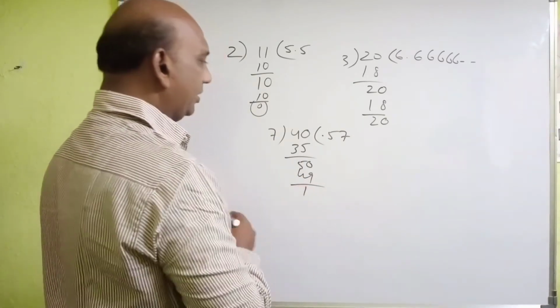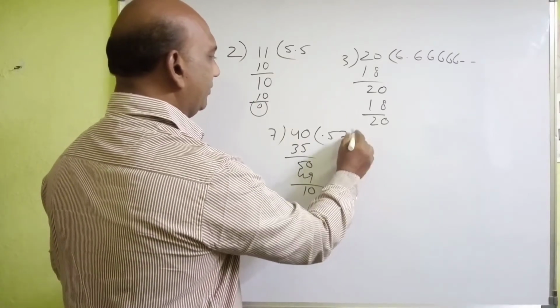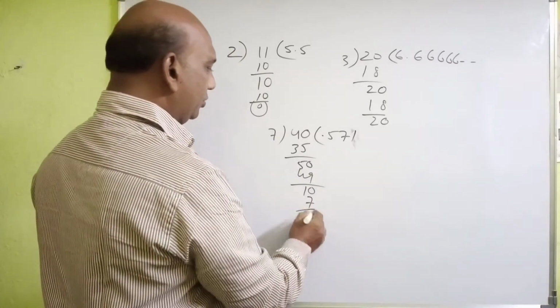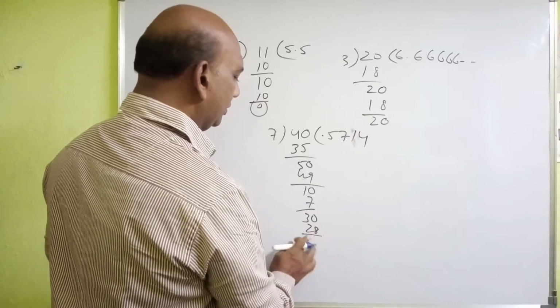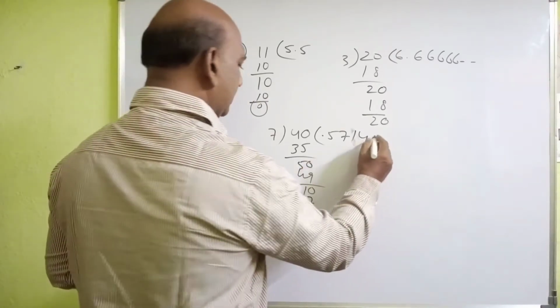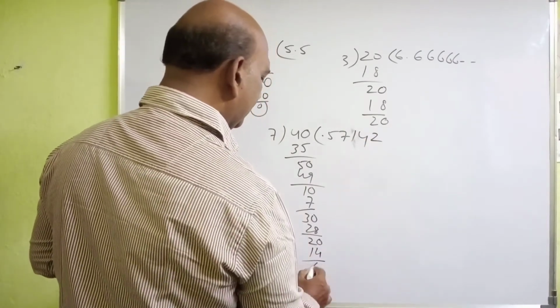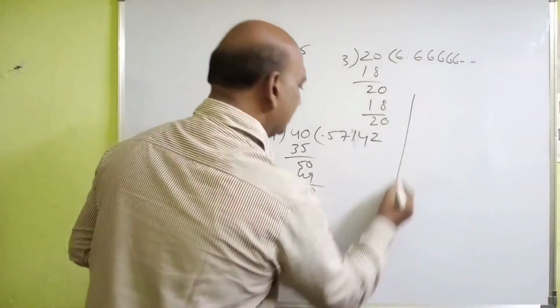And 1 is the remainder. Take 0. 7 ones are 7. 3 is there. So take 0. 7 fours are 28. The remainder is 2. Take 0. Again 7 twos are 14. 6 is the remainder.